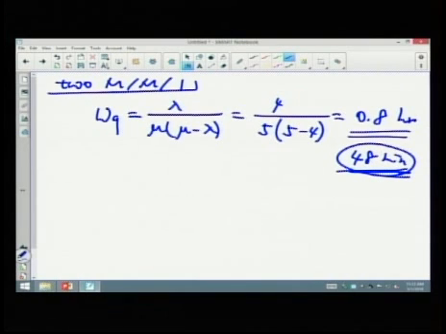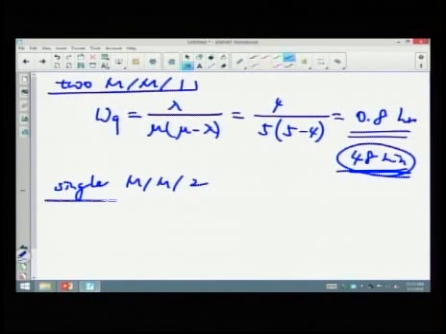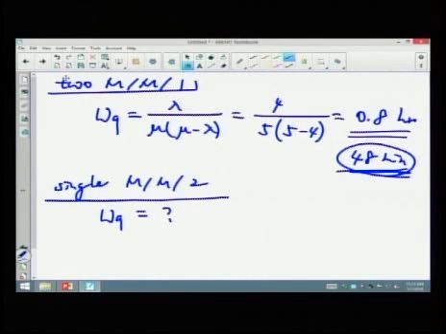Let's see what happened to the single M/M/2 here. We're going to get the WQ value. Rather than maintaining a separate queue for each server, in this case customers enter a common queue, only one queue, right?